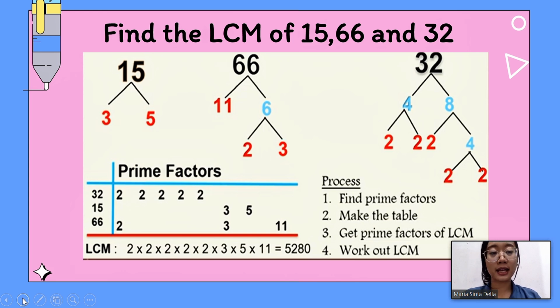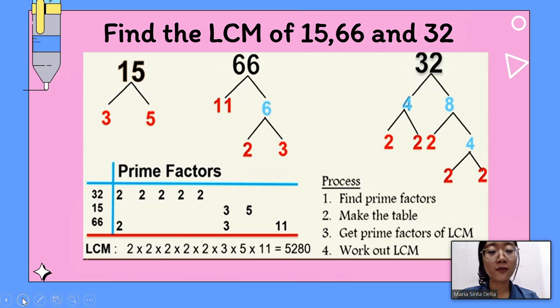When I set up this table, I have to order the numbers somehow, so I pick the number which has the most of the prime factor 2 because it generally ends up looking neater. 32 is 2 to the power 5.